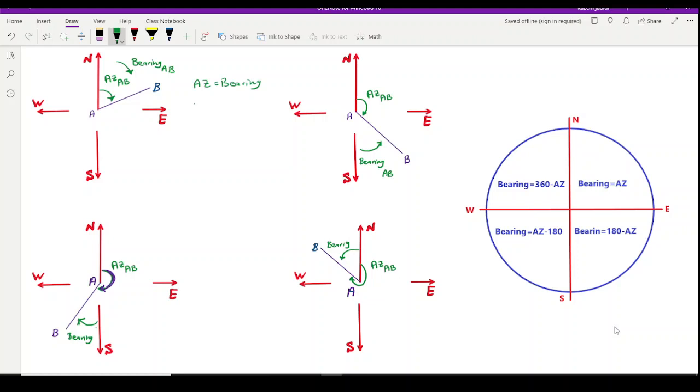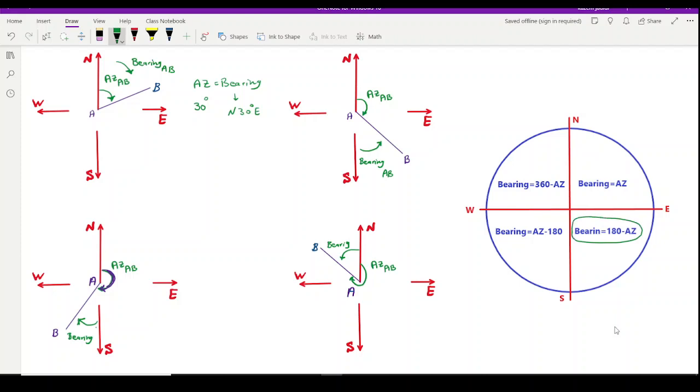Therefore, if the angle is, for example, 30 degrees, for azimuth we will say that it's 30 degrees, but for bearing we will say it's north 30 degrees east. North 30 degrees east.